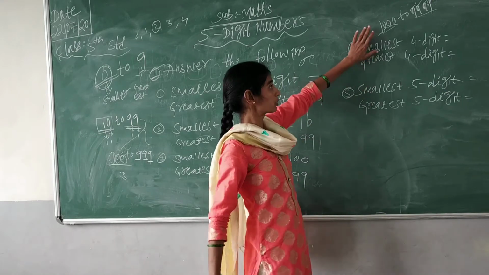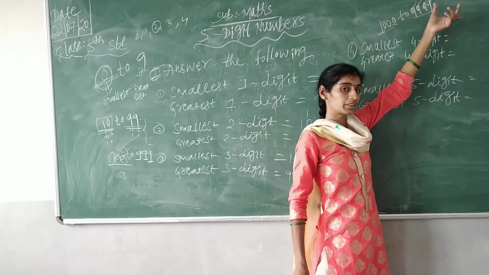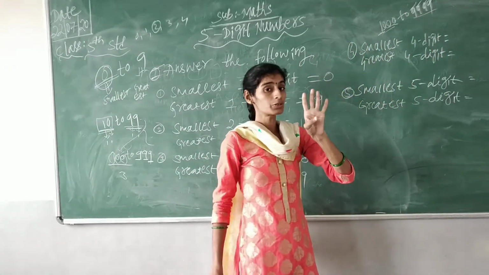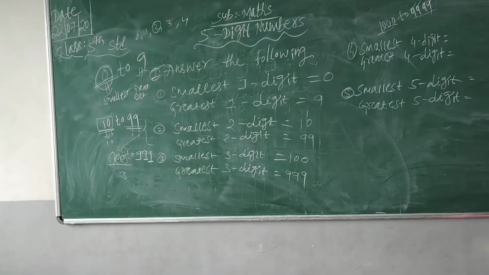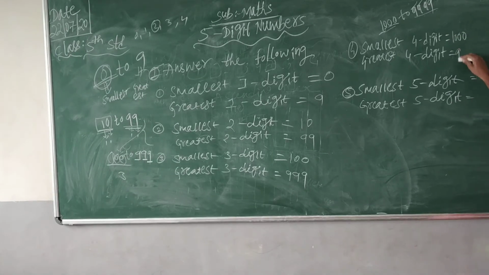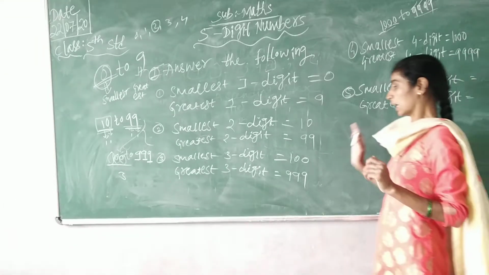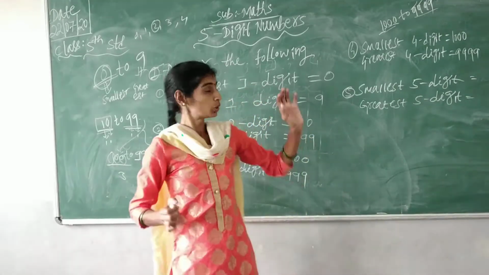So from 1000 to 9999 we call them 4 digit numbers. In these two, which will be the smallest, children? Yes, it is 1000. And which is the greatest? 9999.